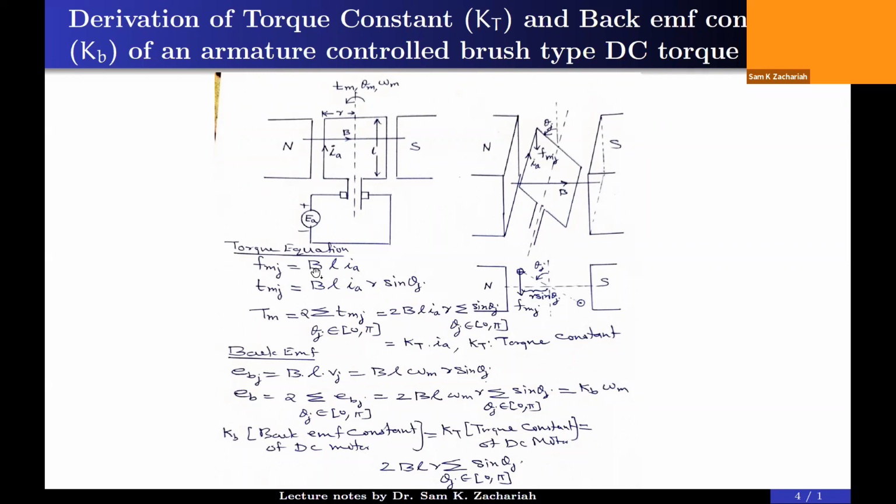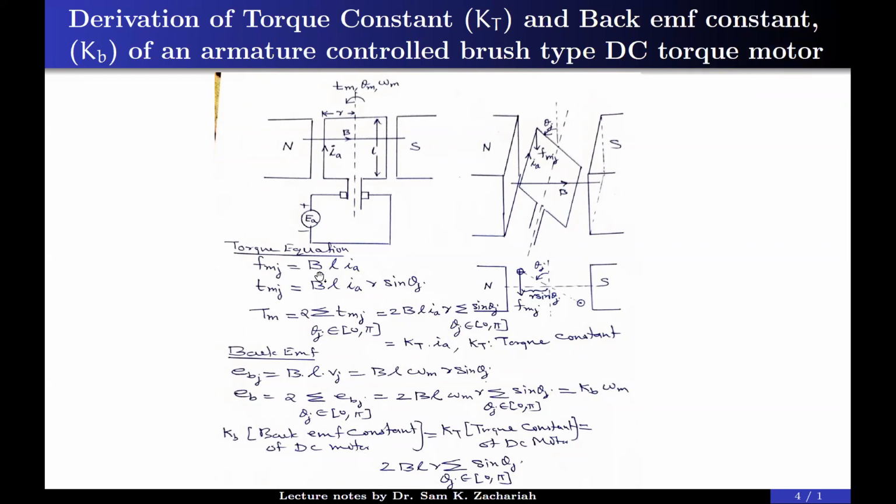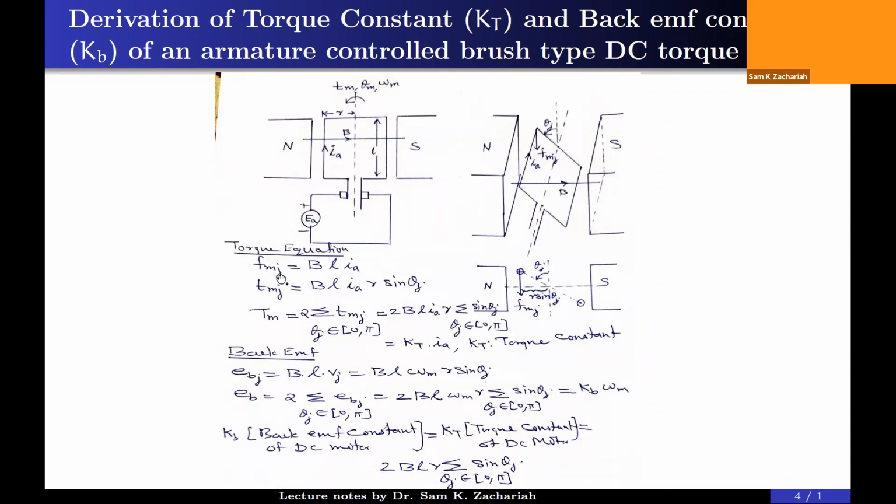You might have heard of Biot-Savart's law; so many scientists' names may be associated with this. Anyway, simple thing: force is equal to the product of flux density in Weber per meter square, length in meter, and IA in ampere, then force will be in Newton.